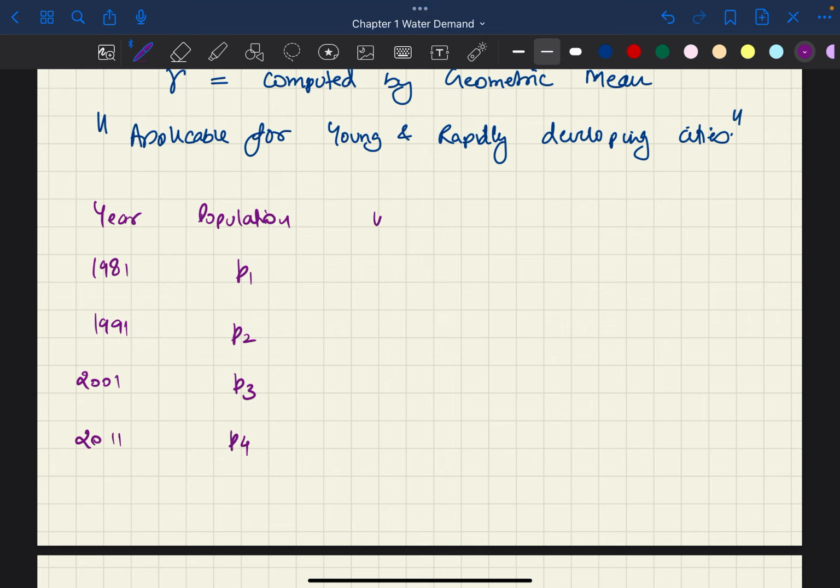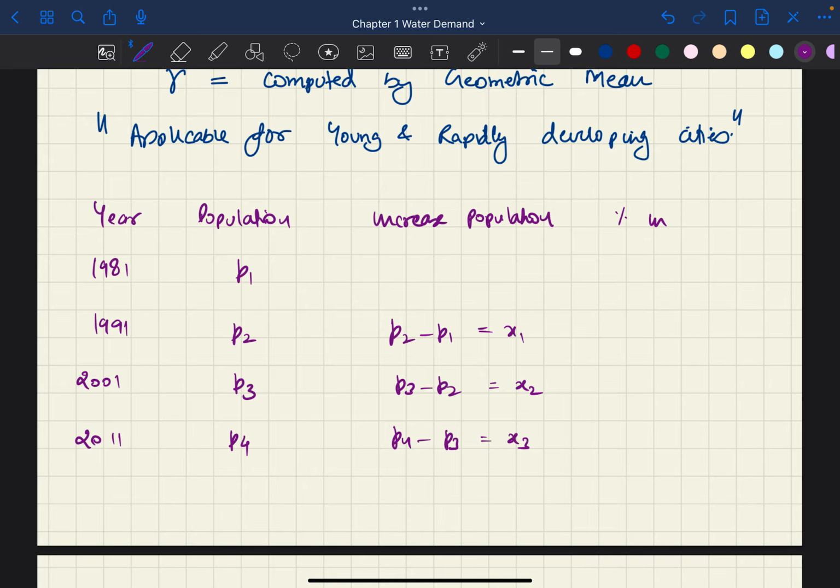So we have to calculate increase in population. So increase in P2 minus P1 is equal to x1, P3 minus P2 equals x2, P4 minus P3 equals x3.